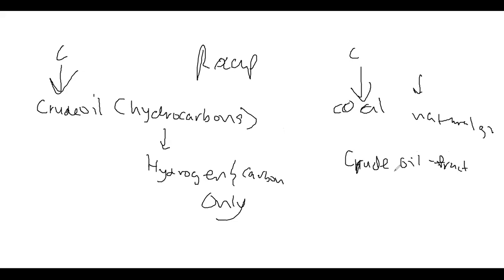Then we went on and we learned about the formula for alkane, right? Remember, if it's an alkane, we know that it only has single bonds, no double, single bonds, right?